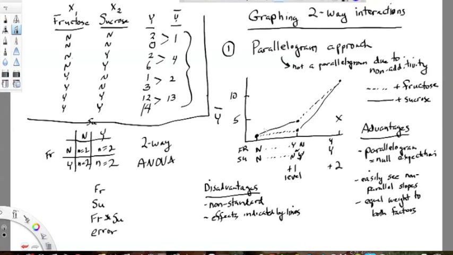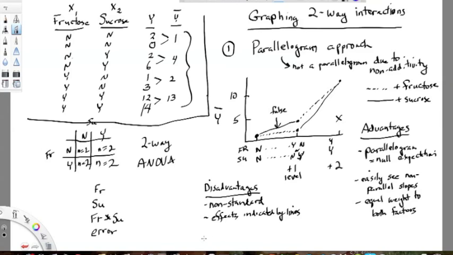A line being in there indicates that we know something about that response, but we don't actually. We only really know this point and this point. We don't know that y bar would be halfway in between for half as much fructose, for example, or half as much sucrose in the case of the solid line. So that's kind of false information. That line is an assumption. It's not a true effect.